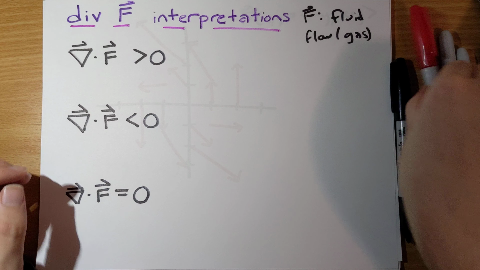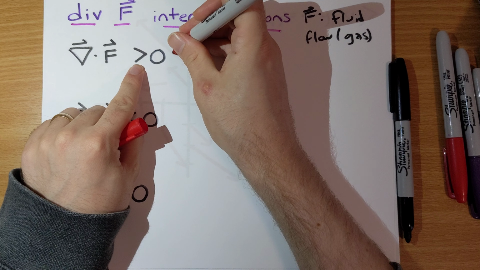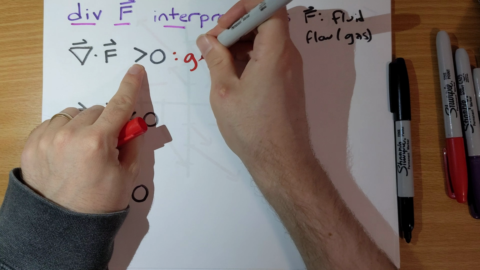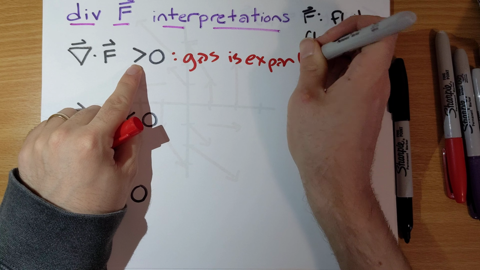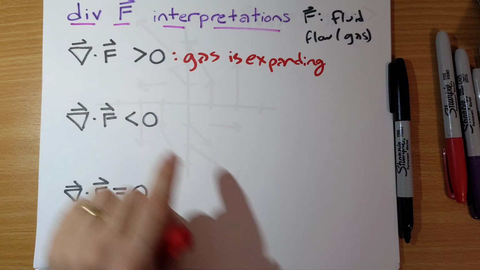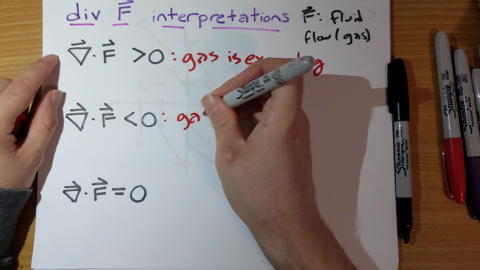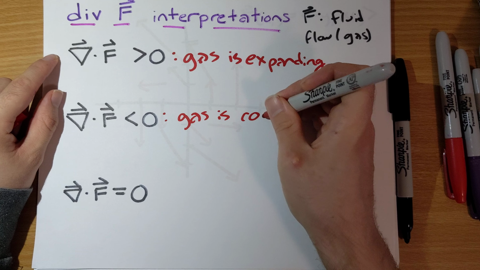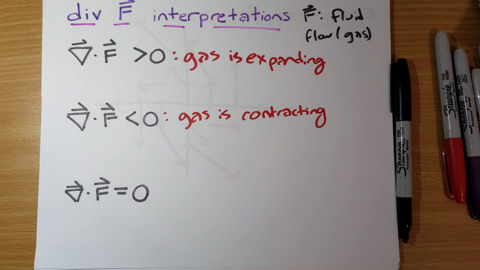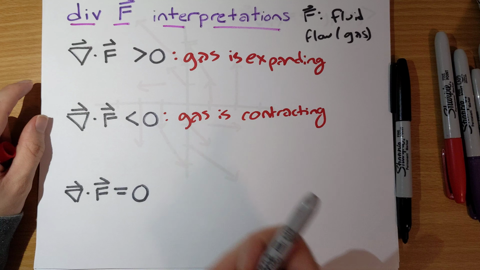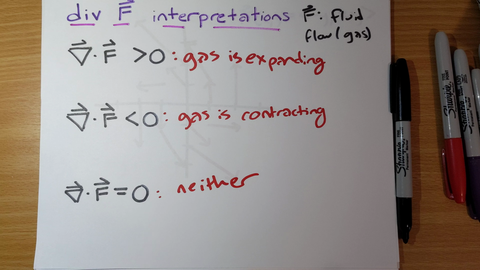So here's what the answers are. If the divergence of f is positive, the gas is expanding. If the divergence of f is negative, the gas is contracting. And if the divergence of f is equal to 0, it's neither expanding nor contracting.